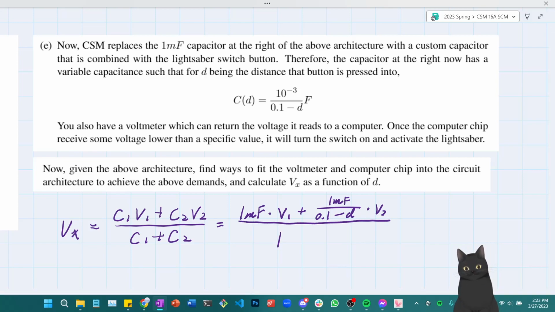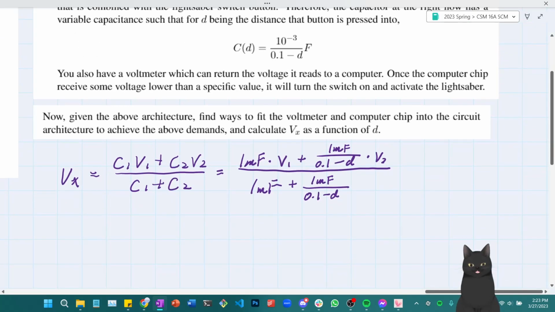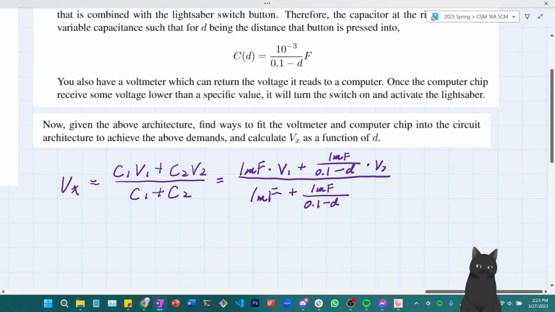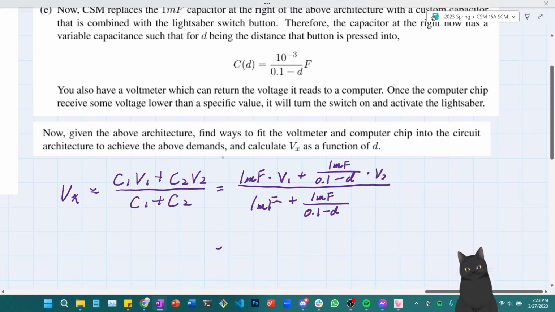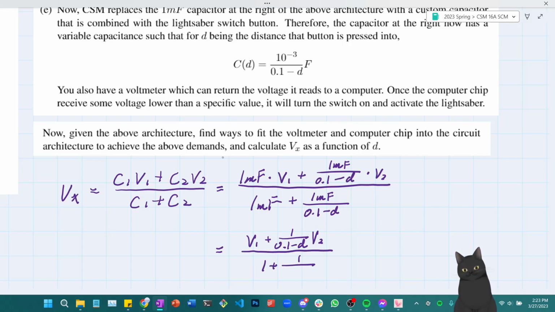And what I have below is just what I wrote above without multiplying any voltages. You might notice that we can cancel out the mF across the fraction, and that allows us to write the expression more easily.